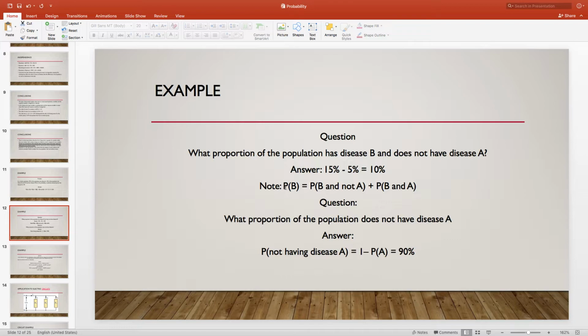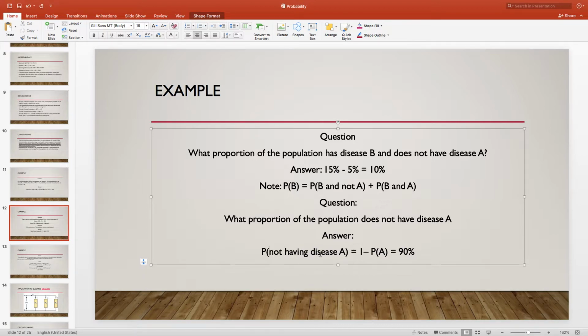And how this works, if you really want to know why we can do this, is that the probability of B breaks down into the probability that someone has disease B and not A, plus the probability they have B and A. So we can just solve for having B and not A.